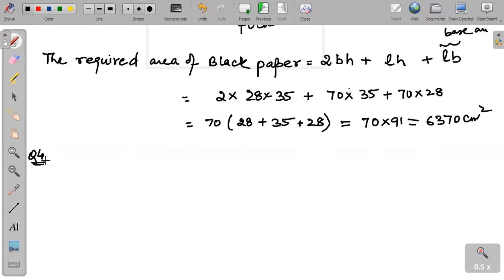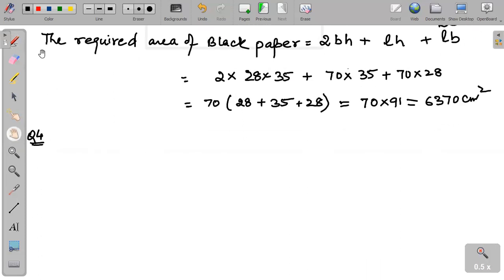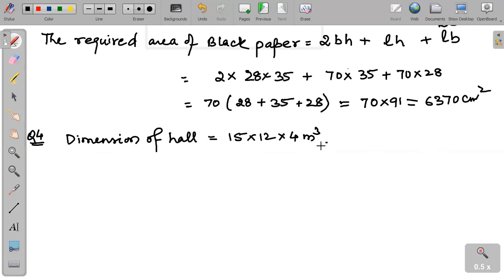The base is not whitewashed, so the dimension of the hall is 15 into 12 into 4 meter cube.